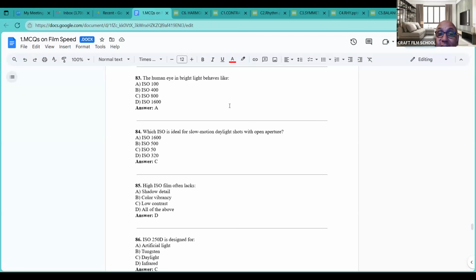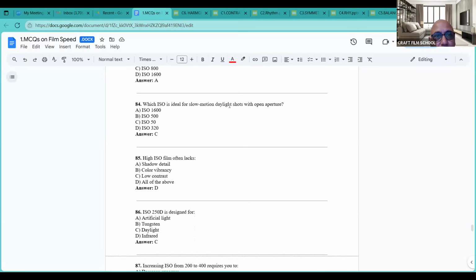So he is indirectly asking which is the normal film you use outdoors in bright sunlight. How the eye is compared with the ISO, which means normal film. Normal film for outdoor photography is 100. So he is connecting normality with the human eye. Little tricky, but you need to understand the intention behind the question.